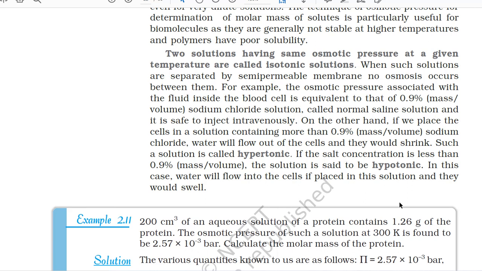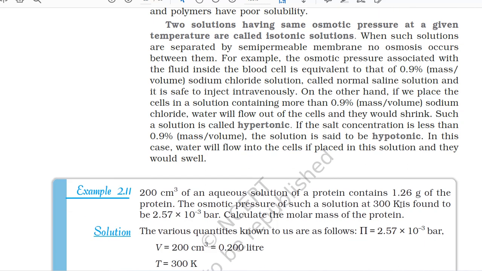Such a solution is called hypertonic. If the salt concentration is less than 0.9% mass per volume, the solution is said to be hypotonic. In this case, water will flow into the cells if placed in this solution and they would swell.